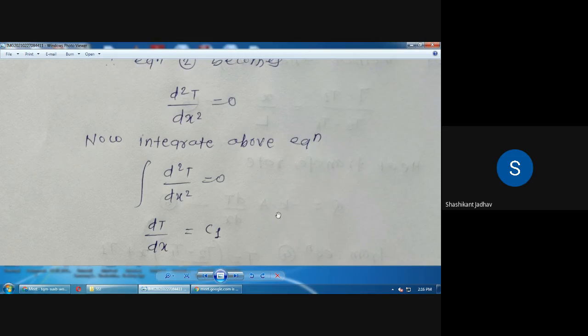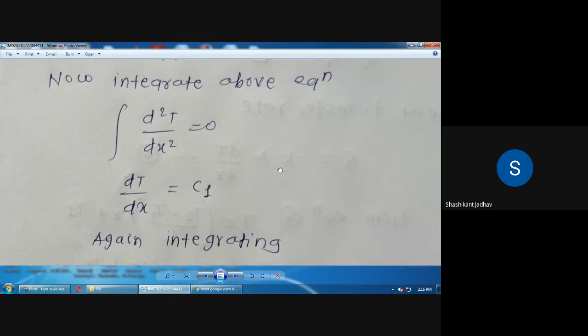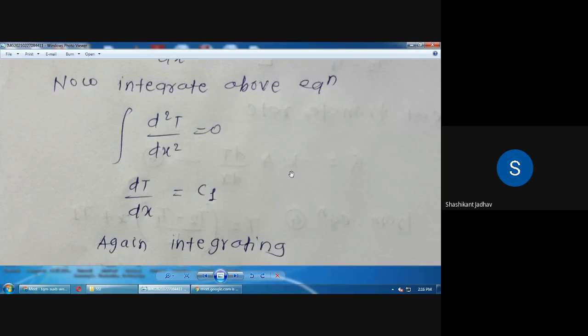Then we have to take the integration of this term again. For dT/dx is equal to C1, we take the integration again. Then what equation do we get? Anyone tell me?